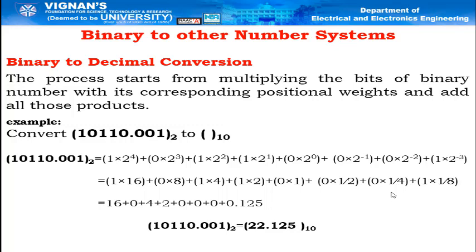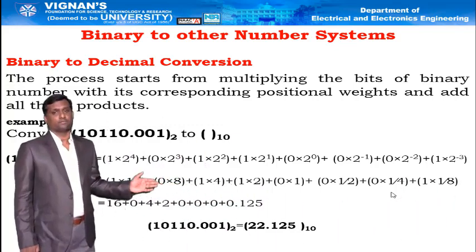The fourth position is 2 power 4, which is 16, with 1, so we get 16. Similarly, for the fractional part, we follow the same procedure, and adding all those values we get the equivalent decimal number. In this example, the equivalent decimal number is 22.125.